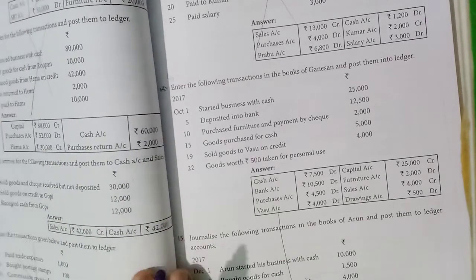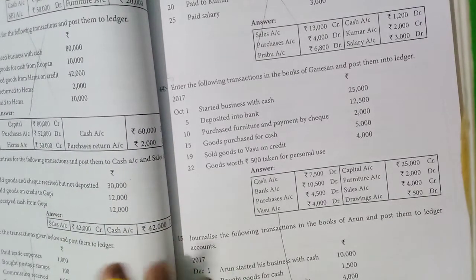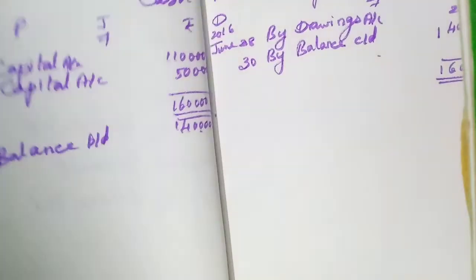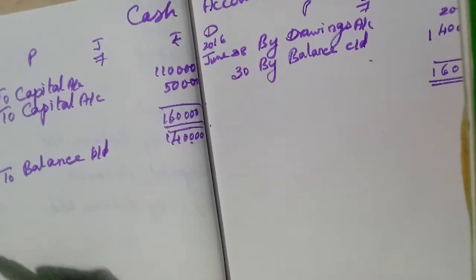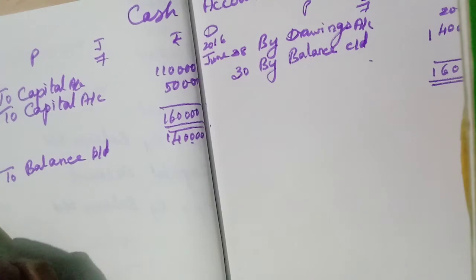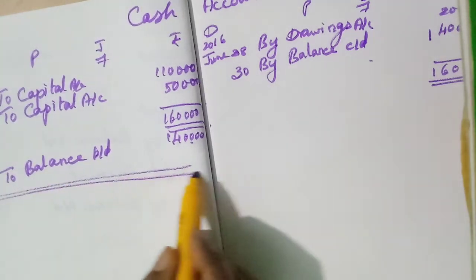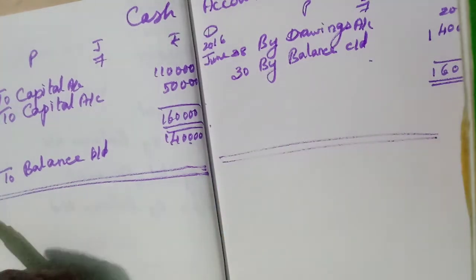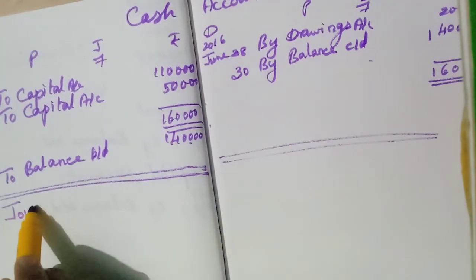Now we will write this. First the journal entries. First you write the number 7. Journal entries. You draw neatly 2 lines on both sides. Now you write journal entries.